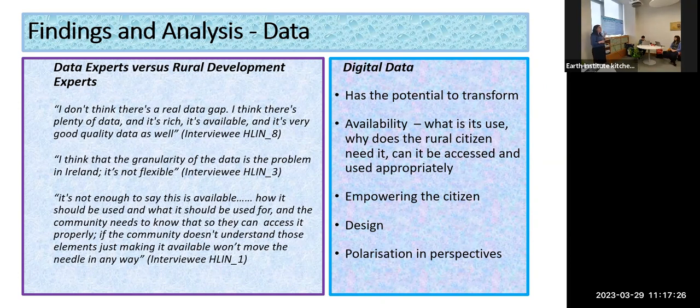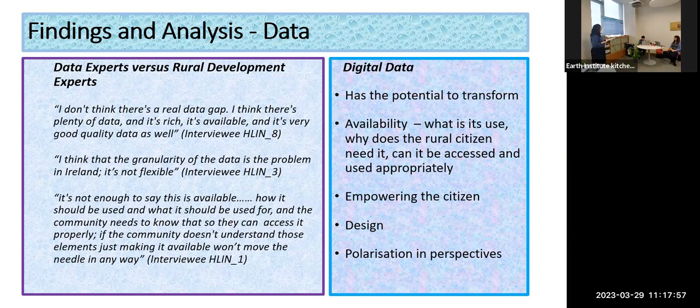So there is potential that if communities have access to data and it is accessible, there's an opportunity to transform decision-making and the understanding of places. Also availability: what is its use? What does the rural citizen need? And can it be accessed appropriately? And it's important that if people do have access to data, it's empowering for them, that they feel they can influence decision-making and how it's designed as well.